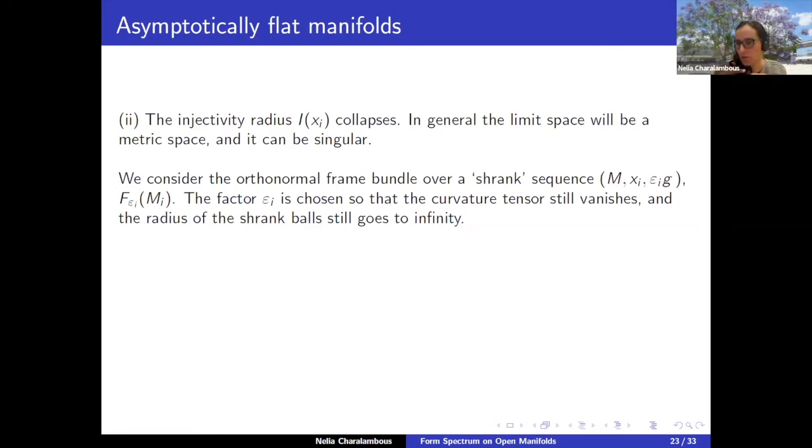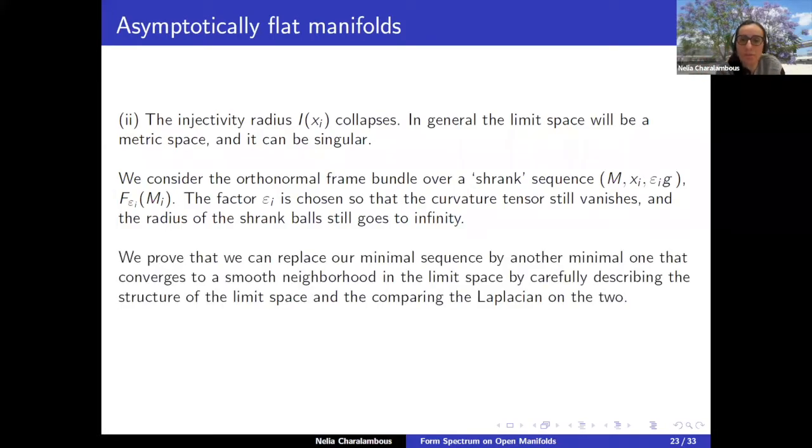In other words, a blowdown of this orthonormal frame bundle. The factor that we choose to blow down is so that the curvature tensor still vanishes at infinity as our balls get larger and larger, but the radius of the balls at the same time goes off to infinity.